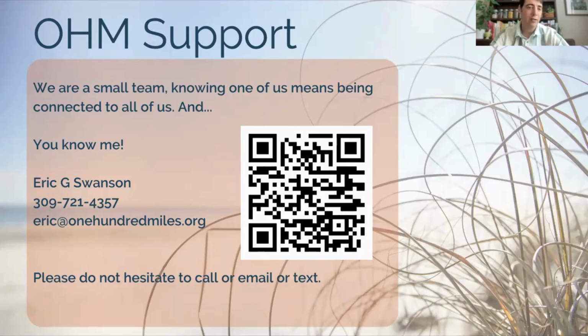You know me and you know Hannah. This is my contact information. If you scan this QR code, it'll give you a link to email me directly. Please do not hesitate to call or email or text if you have an issue that's arising in your community. We can connect you to resources and expertise and the model ordinance we talked about.